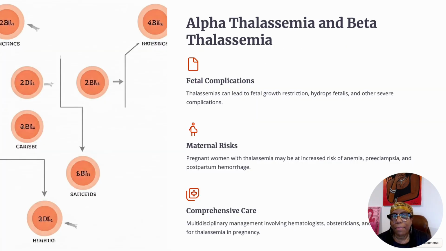So a little bit about alpha thalassemia and beta thalassemia, both of which you probably will not manage. That is a condition where there is a deficiency either in the alpha or the beta chain of the hemoglobin. Sounds confusing, but just remember that is where the protein is carried.